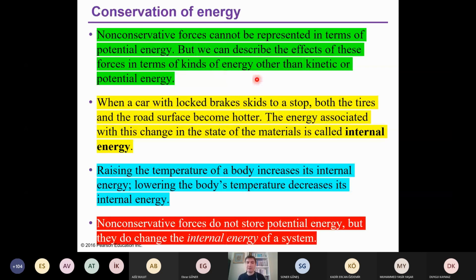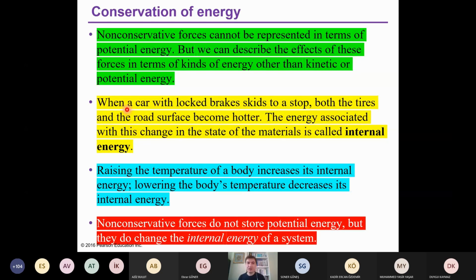So what I told you in the first transparency of this lecture, non-conservative forces are also called dissipative forces. They spend energy, and this energy cannot be converted to potential energy or kinetic energy. But this energy can be dissipated as an internal energy of the system.